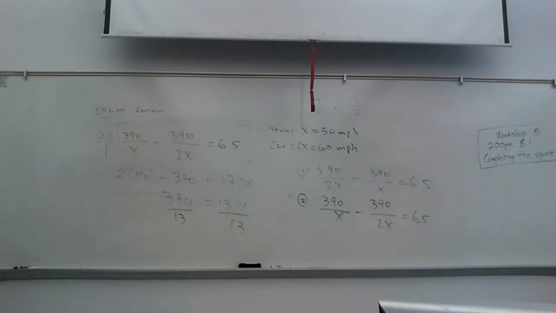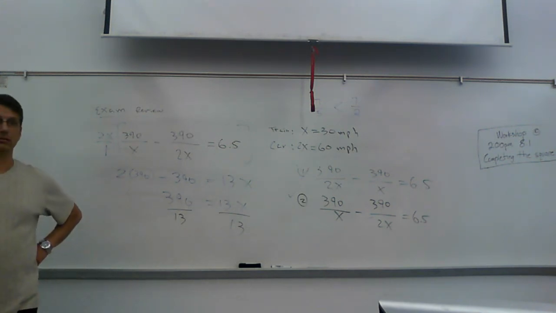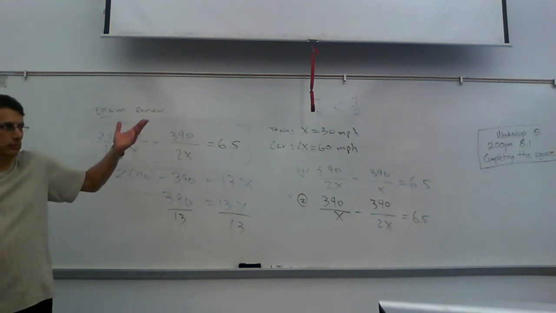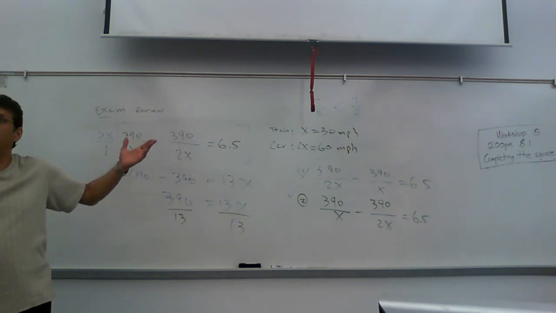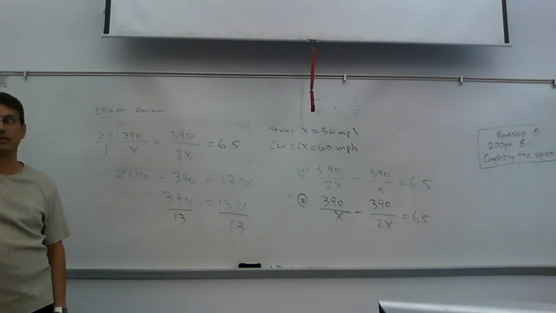Okay? Now notice, this question didn't ask for the time in each case. Is everybody with me? They didn't, fine. But if they did, we could easily answer it now that we have the x. And that's the idea.